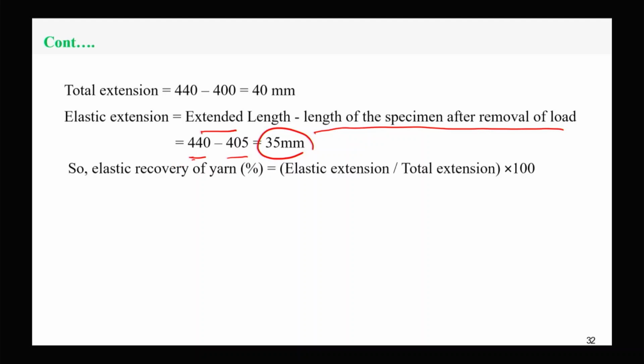Calculating the percent on the total extension, 35 by 40 is 87.5%.